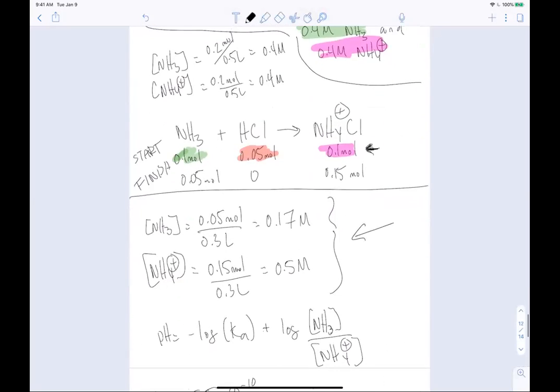Yeah, I knew the situation I was in for exactly what you're saying. After I'm done subtracting the HCl and coming up with these final concentrations, I still have some base and its conjugate acid. If I kept adding HCl and at the finish of the reaction I had HCl left over, that means I've consumed all my base and I'm in a different situation, no longer a buffer.